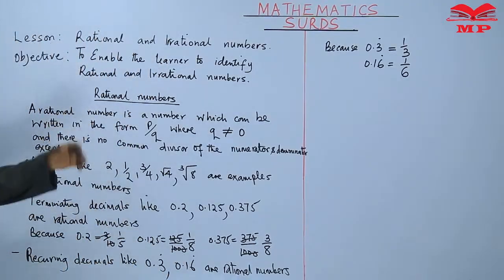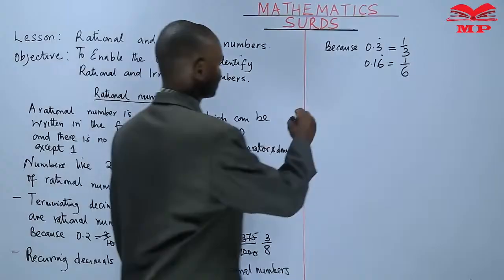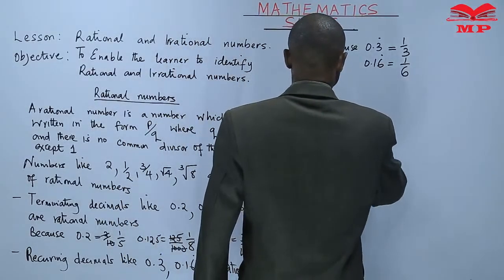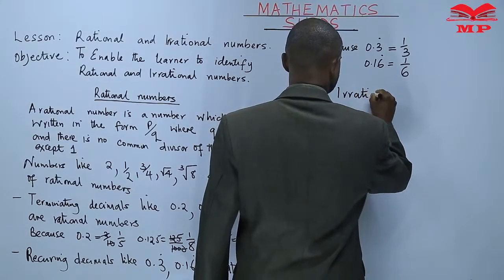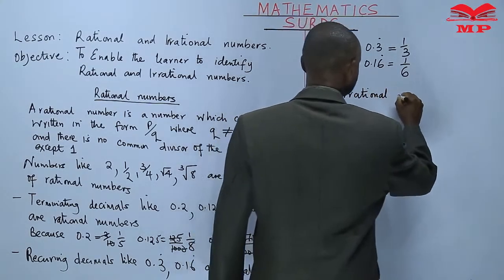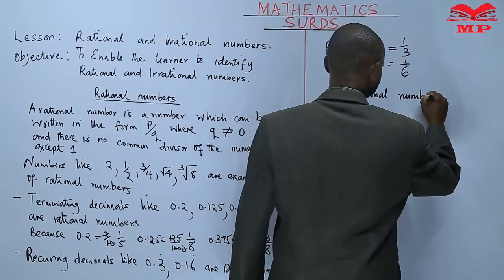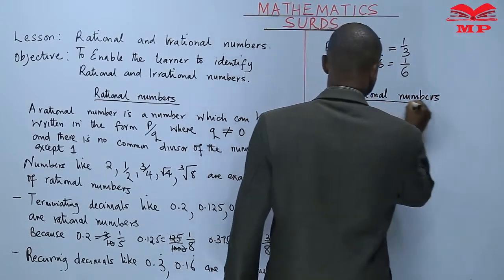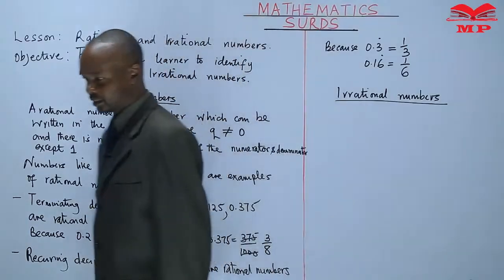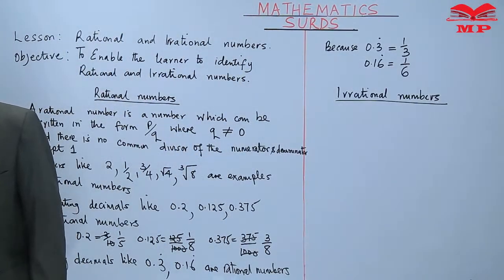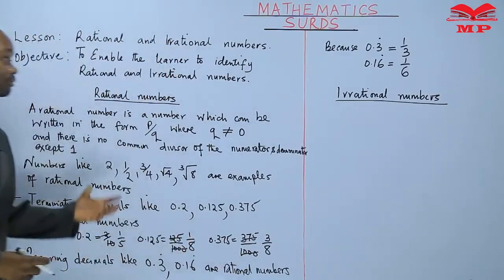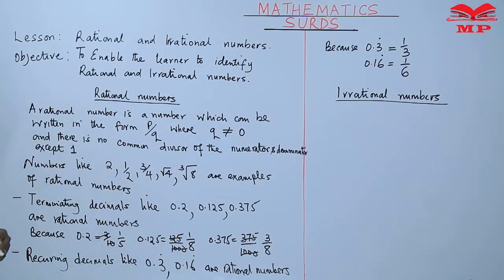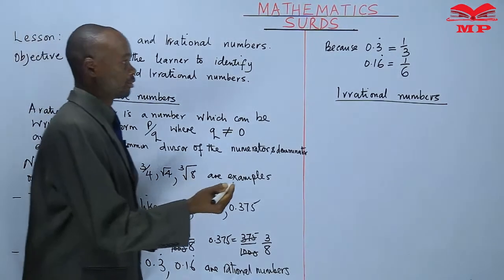Now we shall look at irrational numbers. You find when we shall be dealing with the topic, most of the numbers will be written in root form, either square root or cube root.